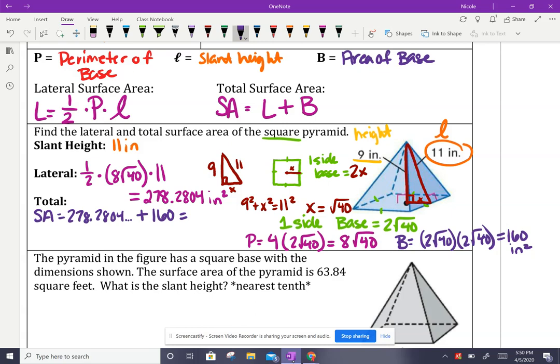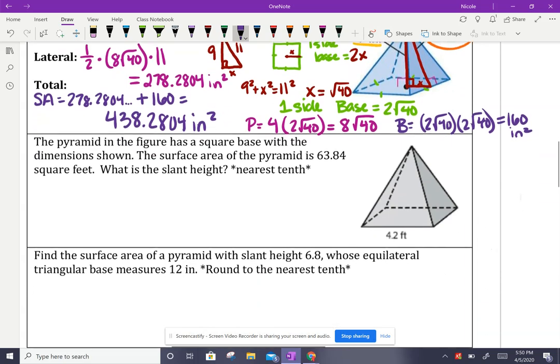And we get the total surface area of our pyramid as 438.2804 and some change inches squared. So make sure you're going through and reading your questions. How are you rounding? What is the best way to go about this? And making sure you're typing your answers in correctly with units. Let's take a look at another example.